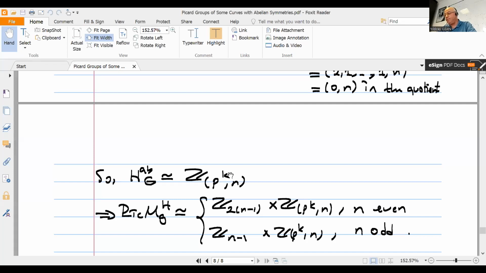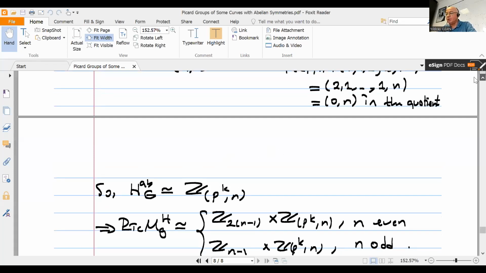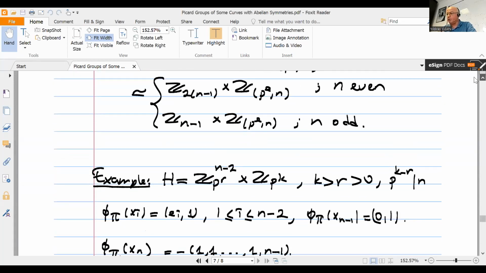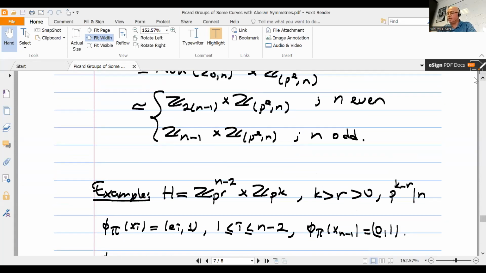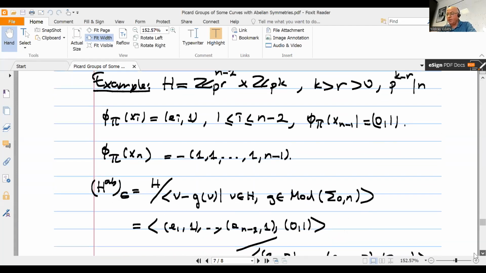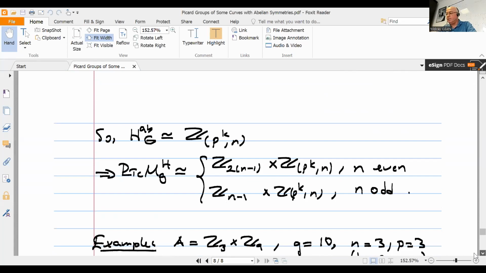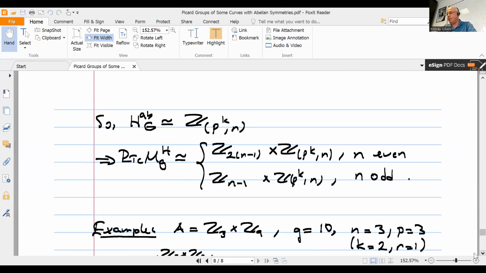Here we have p to the power k, not p to the power r, but p to the power k, so the second exponent, not r. And again, the mapping class group part is the same. So the Picard group in this case is just this abelian group.